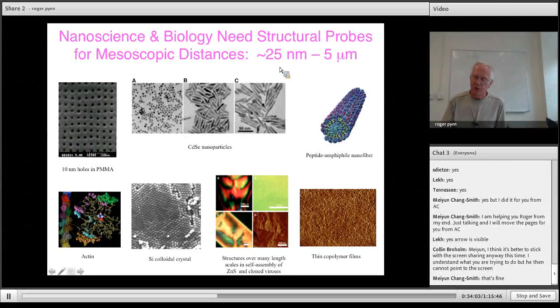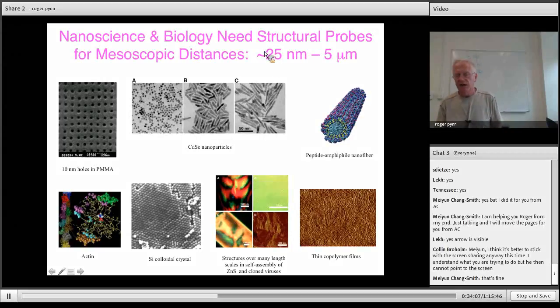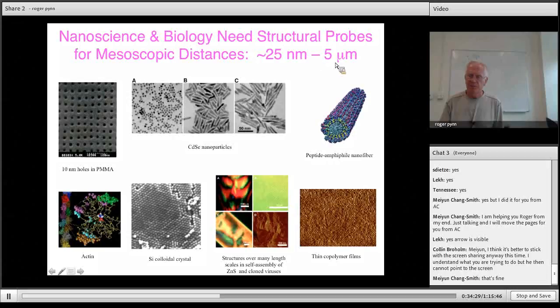I don't know whether you've talked about small angle neutron scattering yet, but traditional small angle neutron scattering is sort of capable of getting to a length scale of about maybe 1 micron if you really push it. So what I'm going to show you is how you can use these tilted fields to extend the length scale actually quite a bit beyond 5 microns. People have done up to 25 microns, in fact.